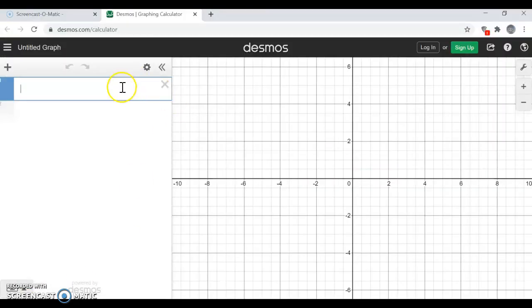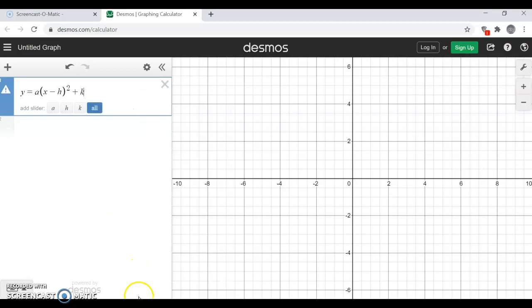So come here, type y equals a times the quantity x minus h. Get out of those parentheses. Do Shift 6 to get that caret. Now you can see right now it takes me up into the exponent. Now I want to get out of that exponent, so I'll use the right arrow, move over, and then I'll put plus k at the end.